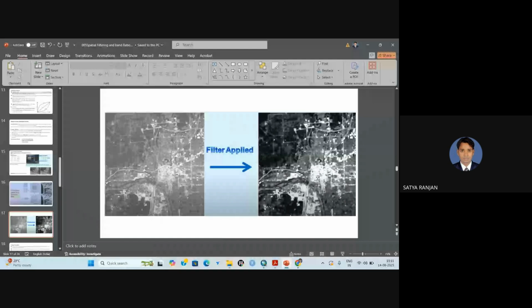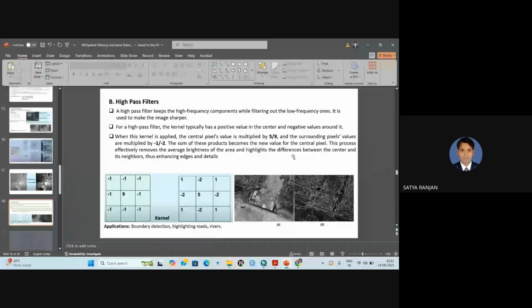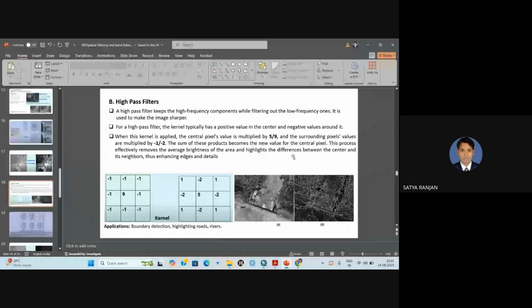Some examples of the kernel: on the right side of the image, there are different reflectance values of the pixels in matrix form.